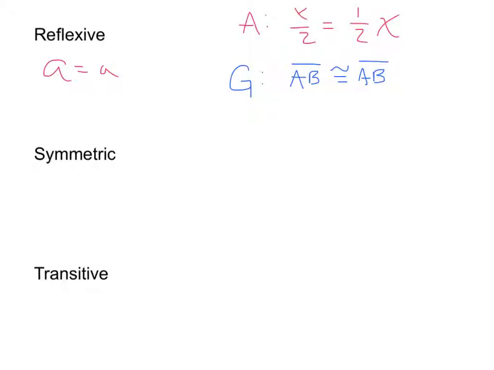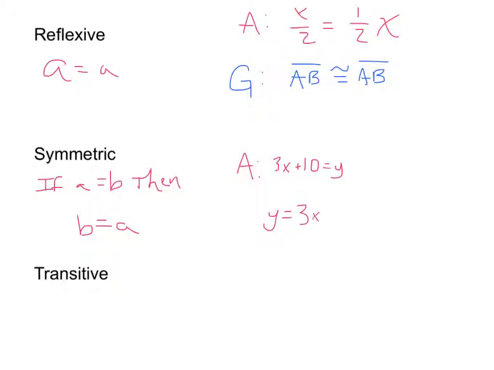Symmetric property says if A equals B, then B equals A. So an algebra example, if we have 3x plus 10 equals y, we could change that to y equals 3x plus 10.